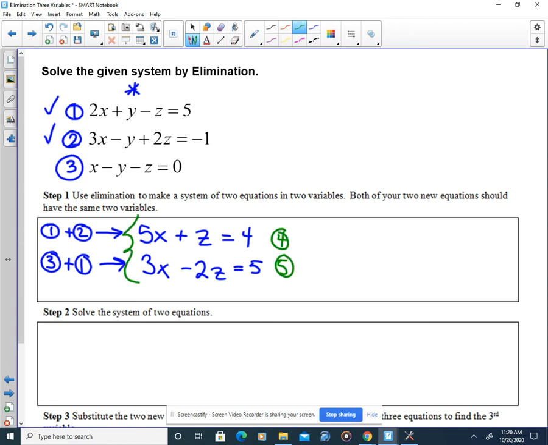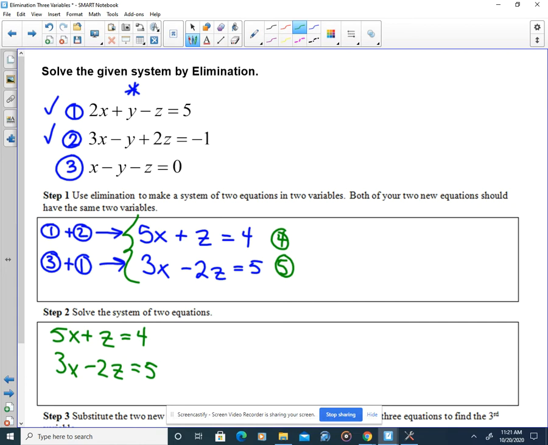You should know how to solve this. What we got it down to is a system of 2 equations with 2 variables. So I'm just going to write it down here in this box. 5x plus z equals 4. 3x minus 2z equals 5. These are my 2 new equations, 4 and 5.